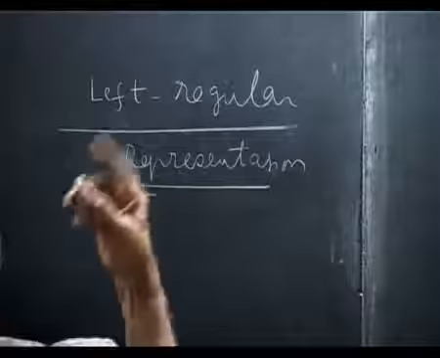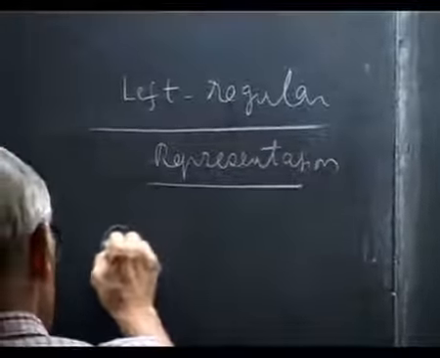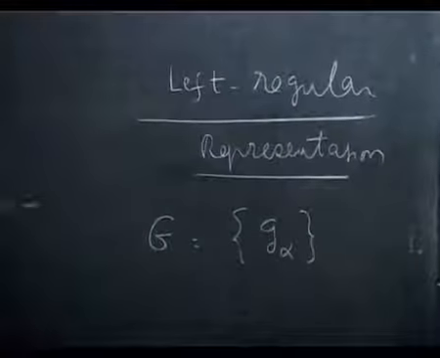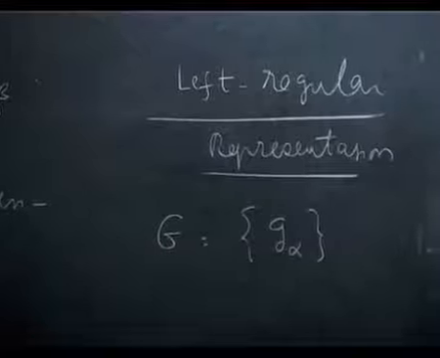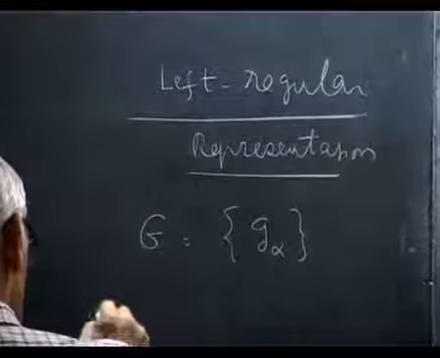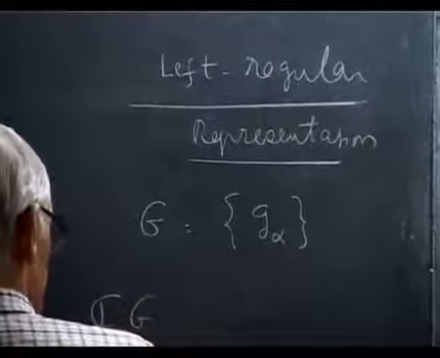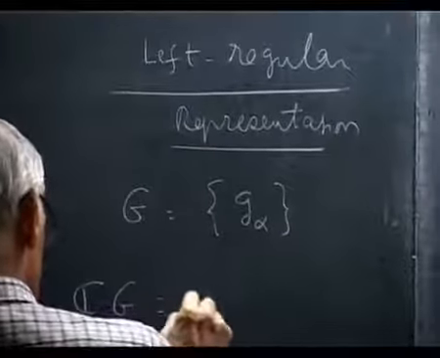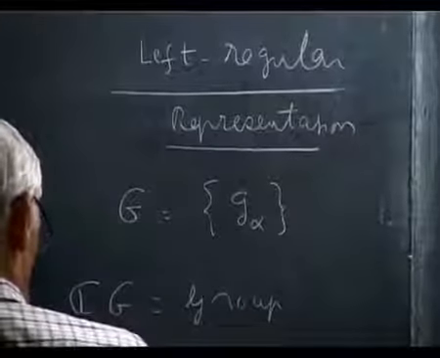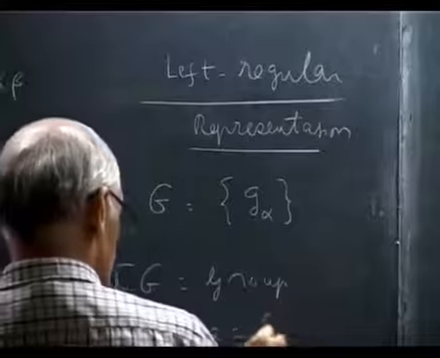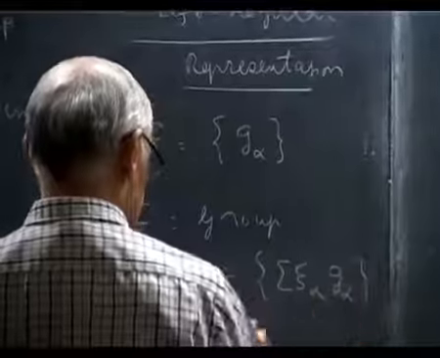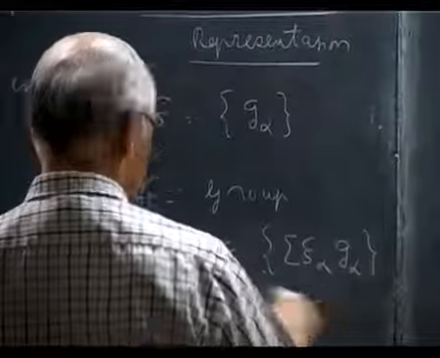First you take this G, which goes back to the 19th century, consisting of elements G alpha. I am thinking of the discrete case. Then you construct the group algebra, which simply consists of all linear combinations of the group elements, where the psi alphas are complex numbers.